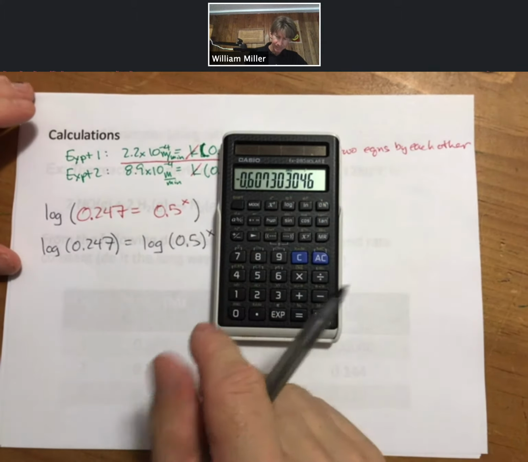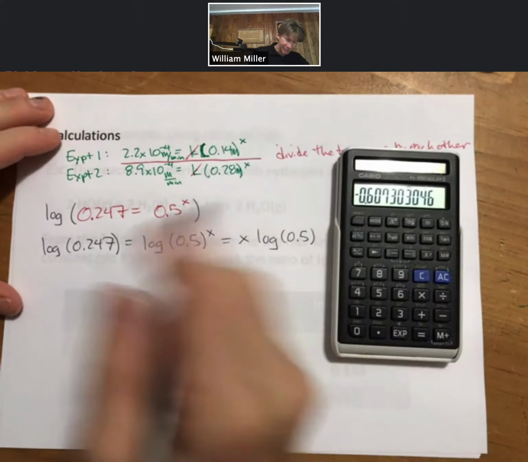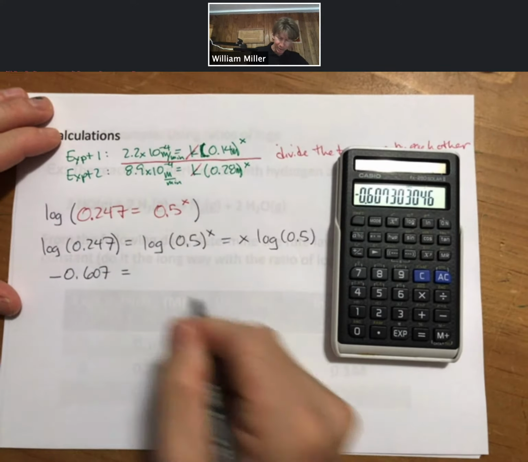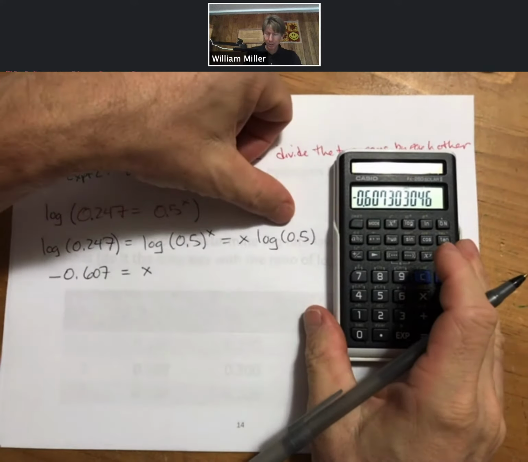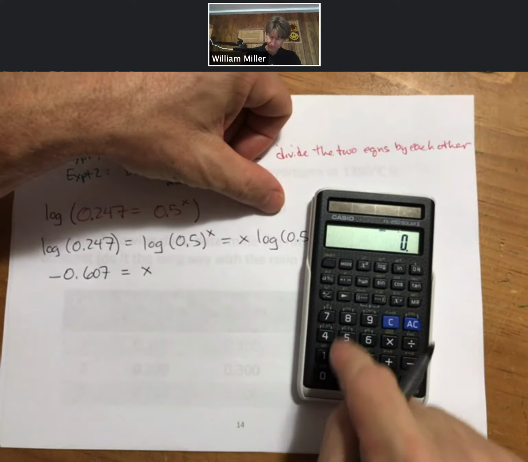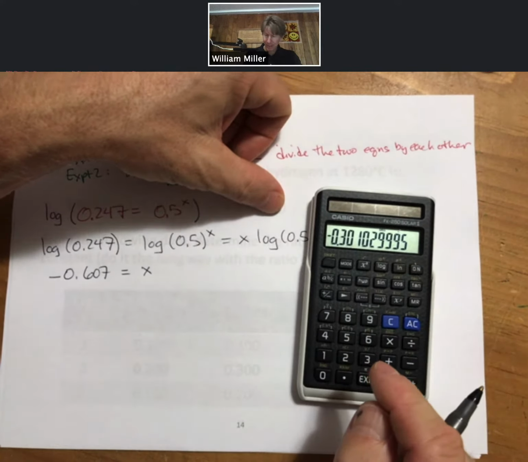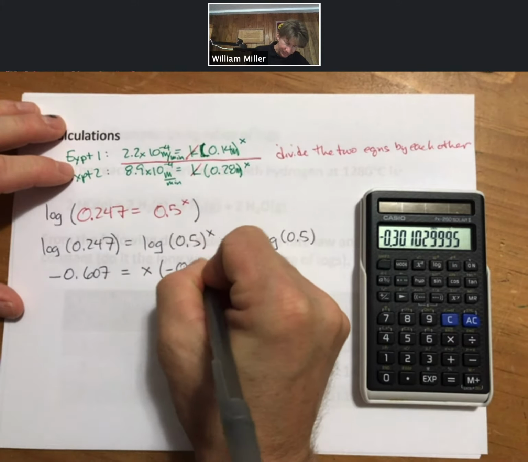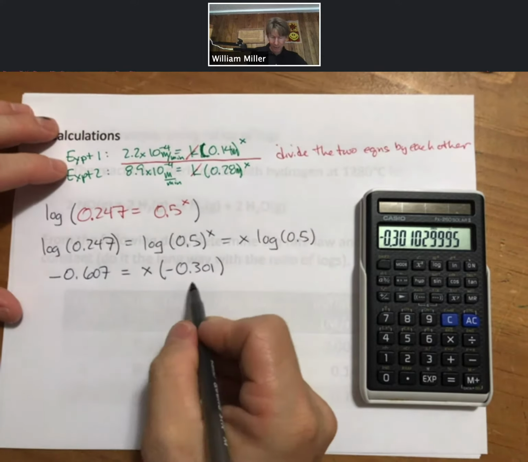The log of 0.247 is minus 0.607, which equals x times the log of 0.5, minus 0.301. Now divide through.